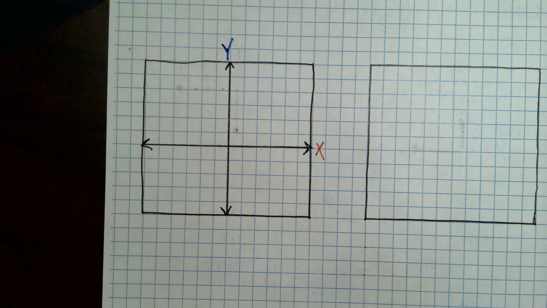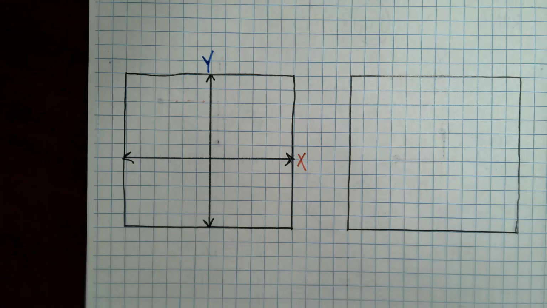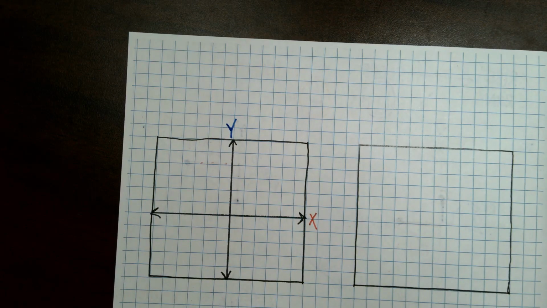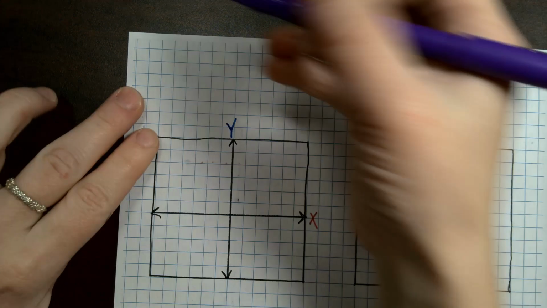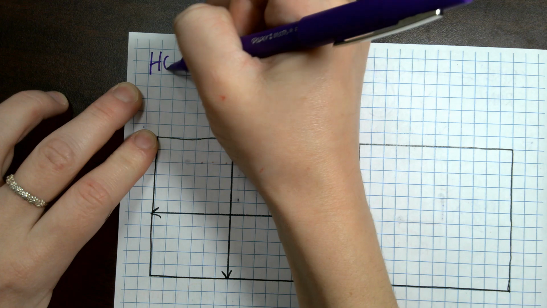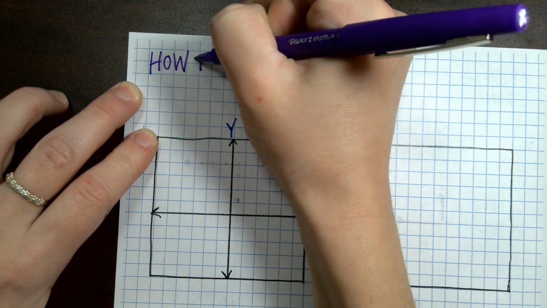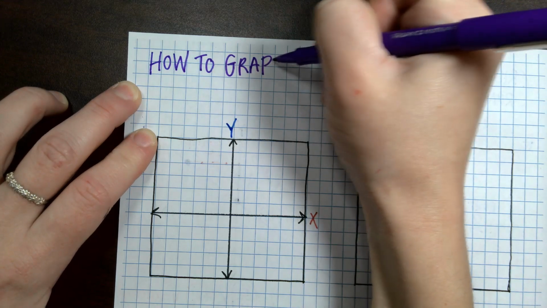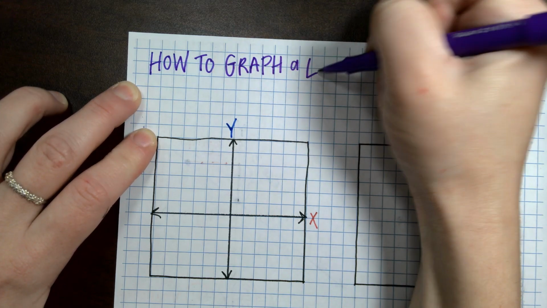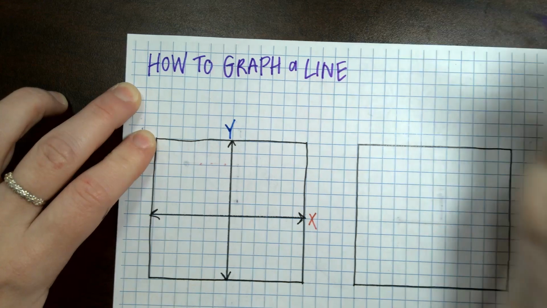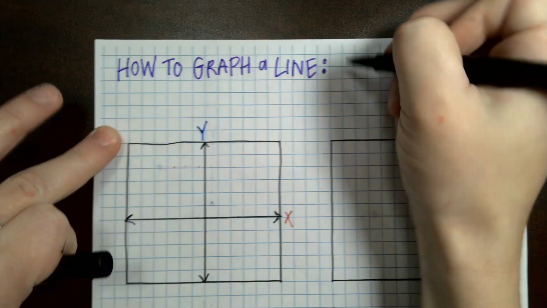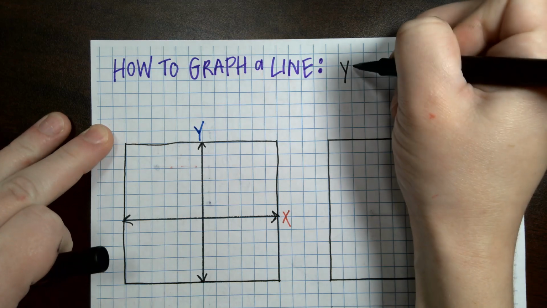Okay. So above your graph that we drew, I'm going to have you title it, How to Graph a Line. That way, if you forget, you can look at this paper and see how to do it. How to graph a line, and then I'm going to write the slope-intercept form right next to it, y equals mx plus b.